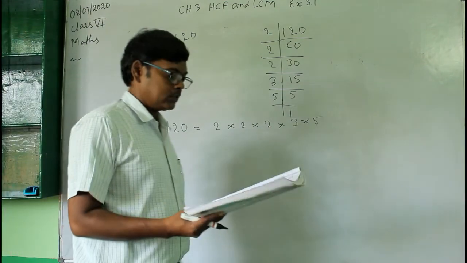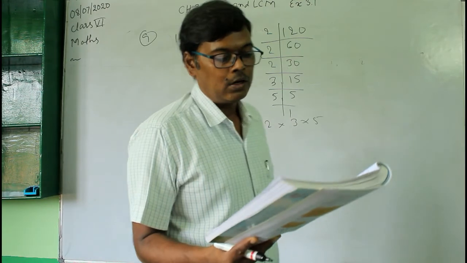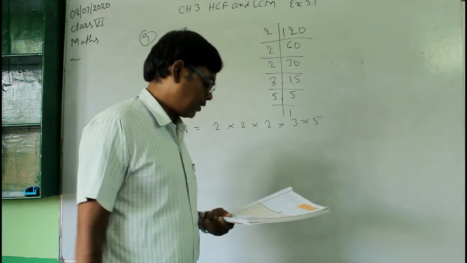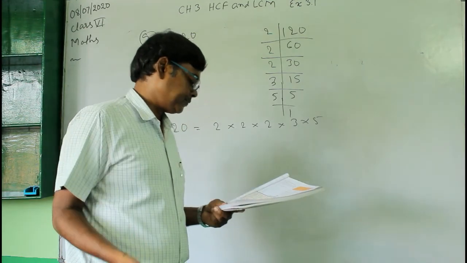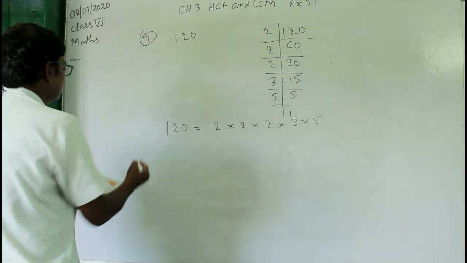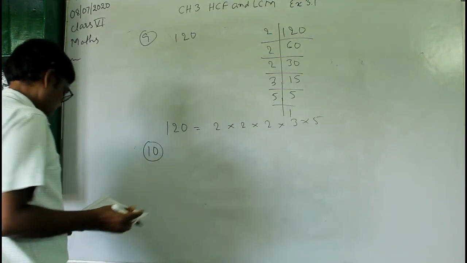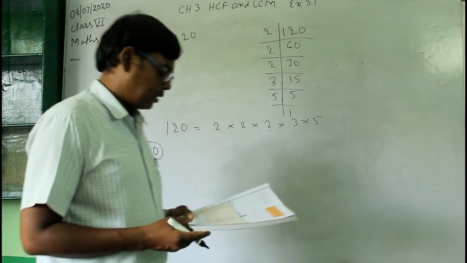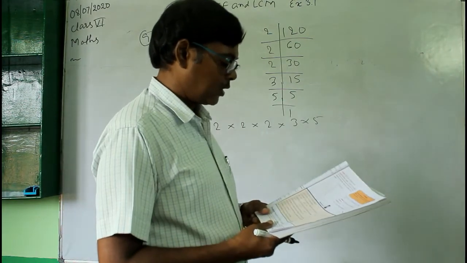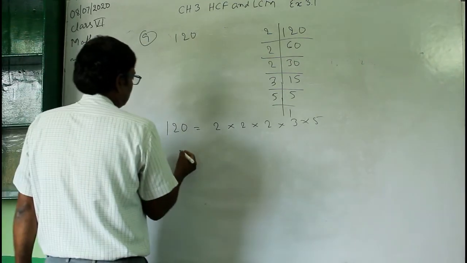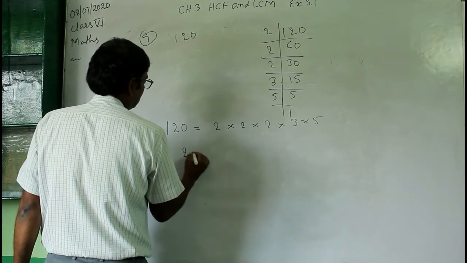And the last question is, find a number whose sum of the digits and the product of the digits are the same. So in this question, you have to find a number whose sum of the digits and the product of the digits are the same. For example, suppose 22.